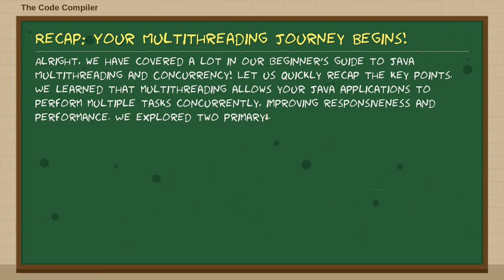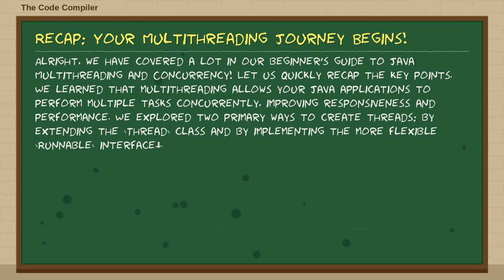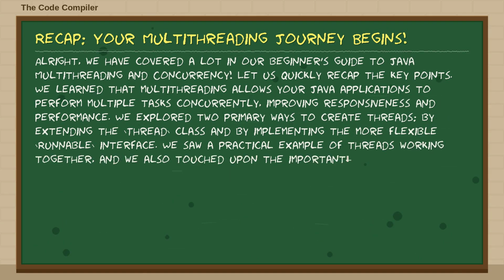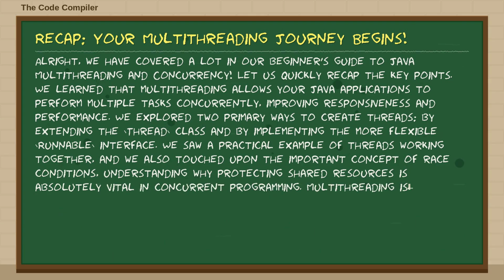We explored two primary ways to create threads: by extending the Thread class and by implementing the more flexible Runnable interface. We saw a practical example of threads working together, and we also touched upon the important concept of race conditions, understanding why protecting shared resources is absolutely vital in concurrent programming.